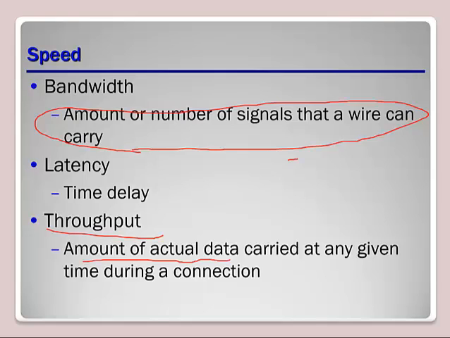You may have a 50 megabit connection from your provider, but your throughput may be different because of other people in the area sharing that line. So you may only have 41 megabits when you do a speed test.